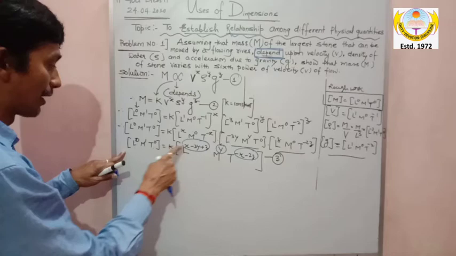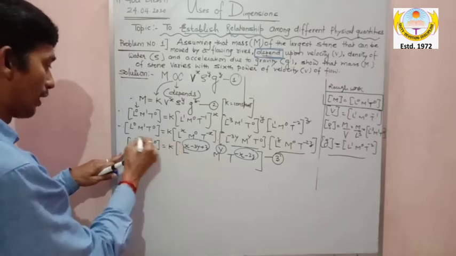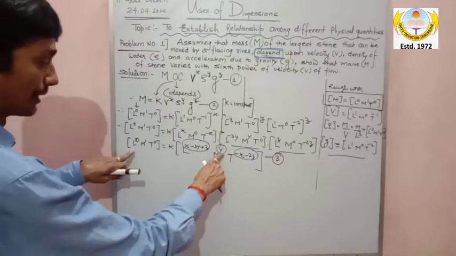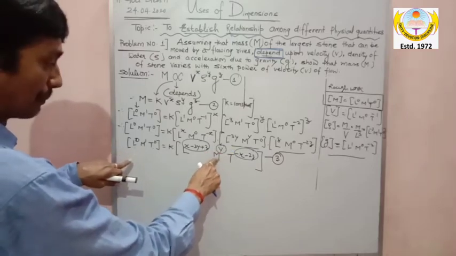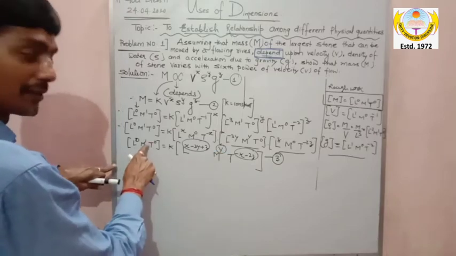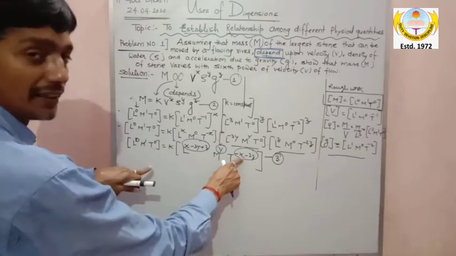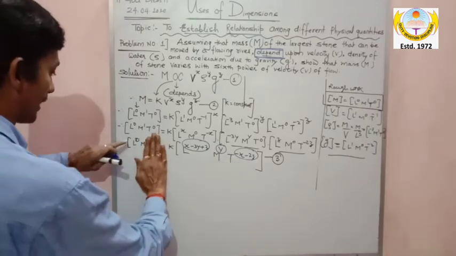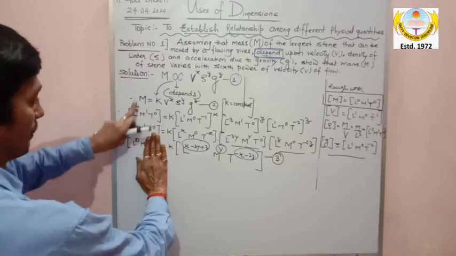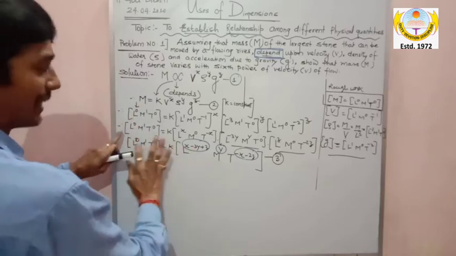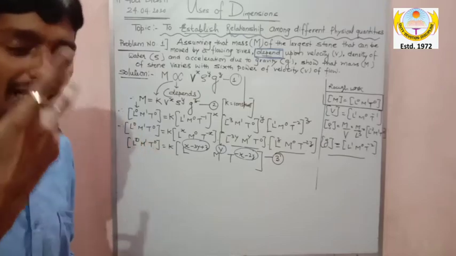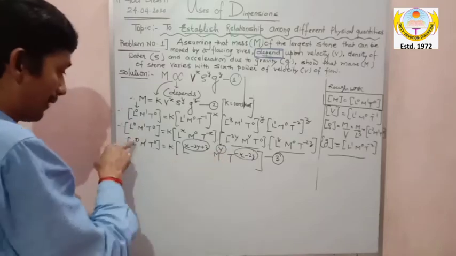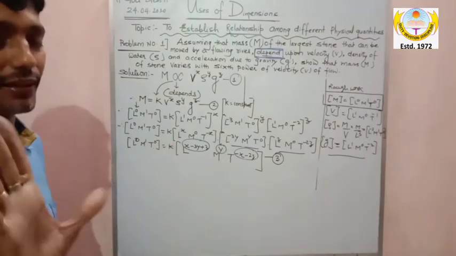I repeat, the power of L will compare with the power of L on the left hand side. The power of M will compare with the power of M, and the power of T will compare with the power of T. Just imagine if you don't write L and T because it is mass, then while comparing the powers, if you don't have the visualization, the power of L and T on the left hand side will have to be taken as 0, which is difficult.